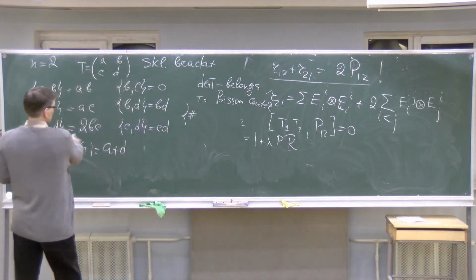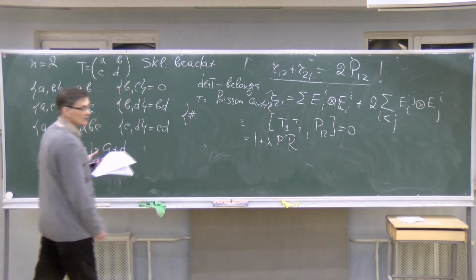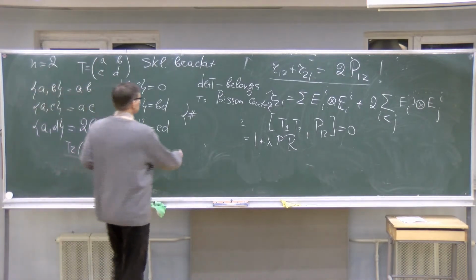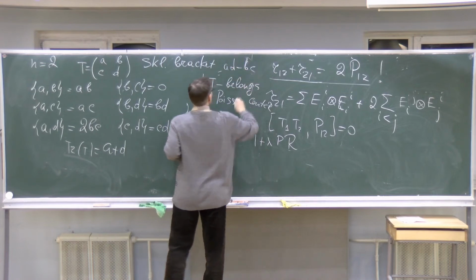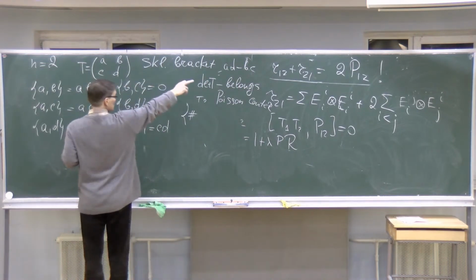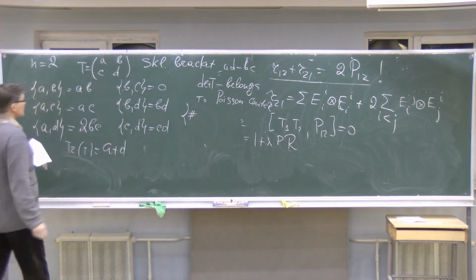So the trace doesn't commute with it, right? The trace is not a central element. The determinant, the quadratic element AD minus BC, has a zero Poisson bracket with A, B, C, D, and this one does not.